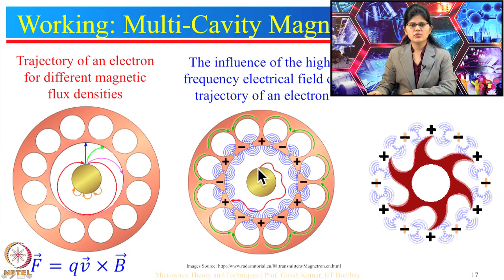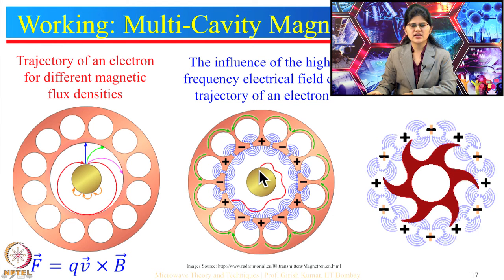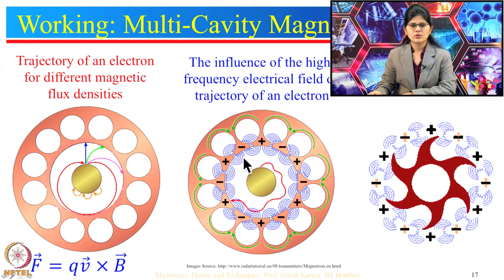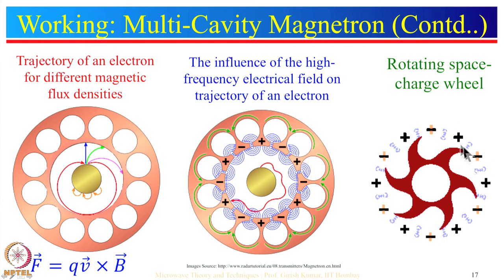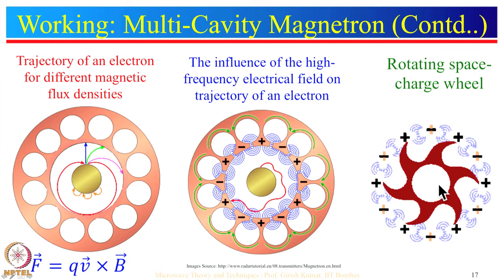So this is how the electrons transfer their energy to the AC field present in the cavity. Now let's move on to the space charge wheel formation.